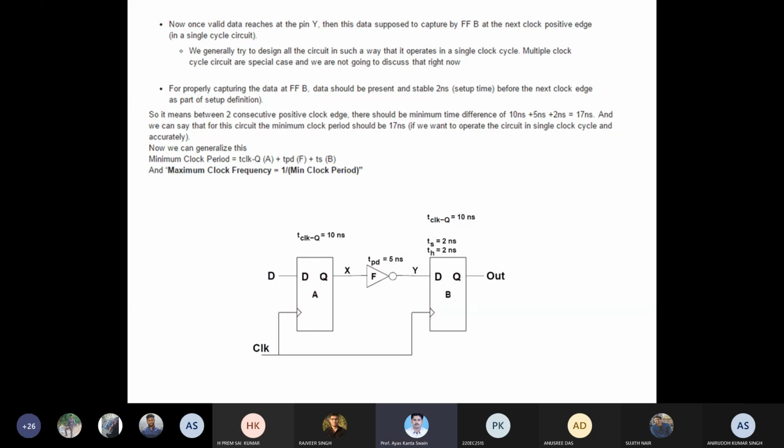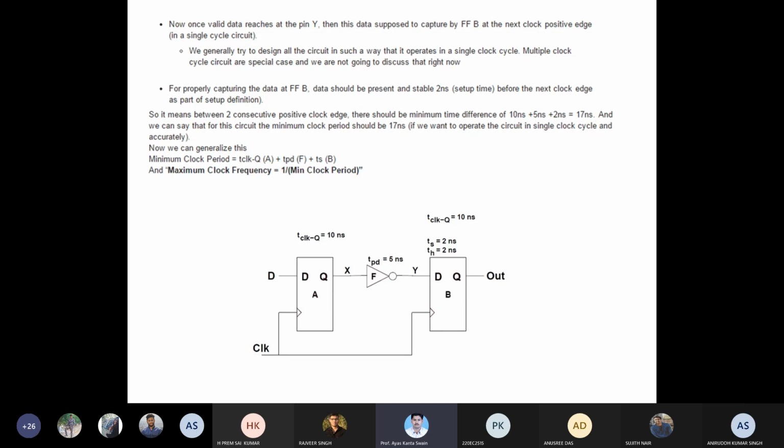Now to generalize into a formula, the minimum clock period in this type of circuit is equal to TCLK-Q of A plus TPD of F plus TS of B.